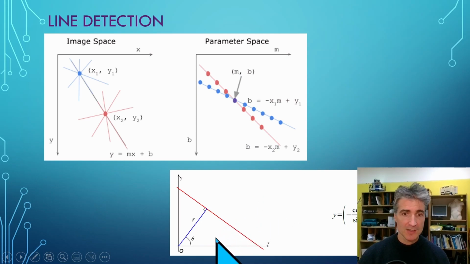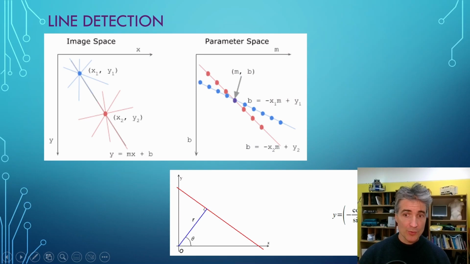Theta is the angle between the normal vector and the x-axis, and rho is the length of the normal vector, or the perpendicular distance of the line from the origin of the coordinate system. So this way we can represent any line.